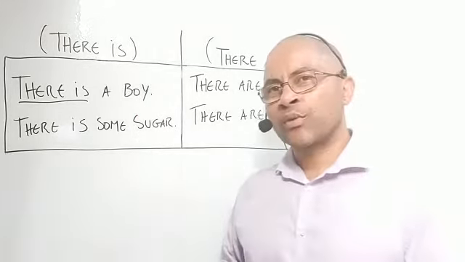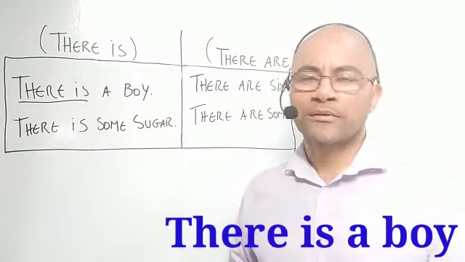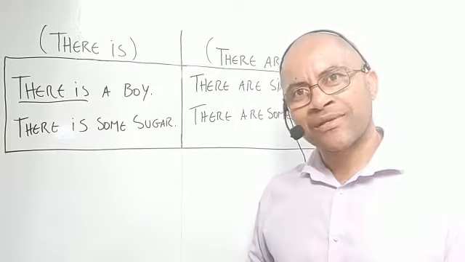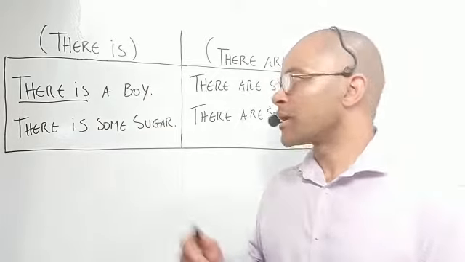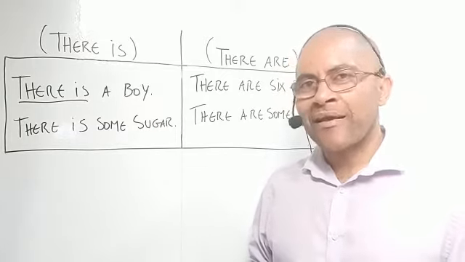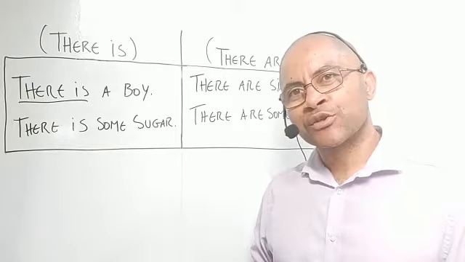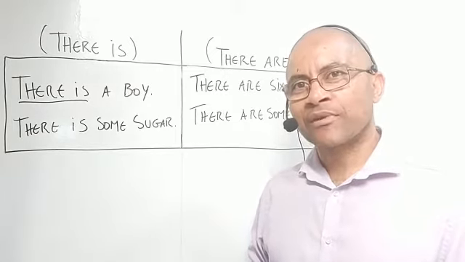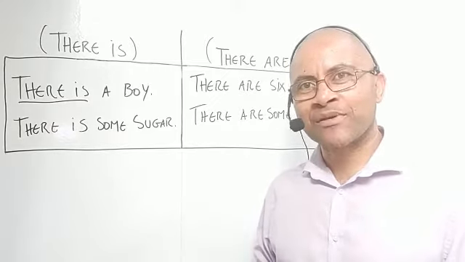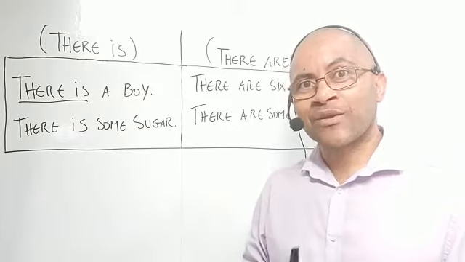On this side, we have two sentences. There is a boy. So we use there is with a singular noun. A boy. One boy. Okay? And we also use there is with uncountable nouns. For those of you who do not know what uncountable noun is, an uncountable noun is something that you cannot count.